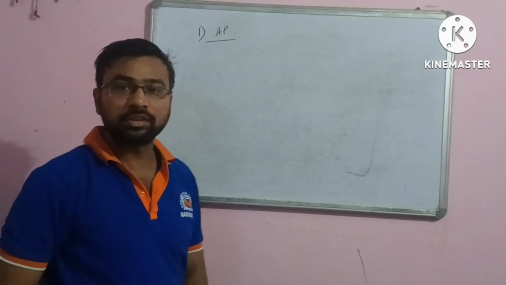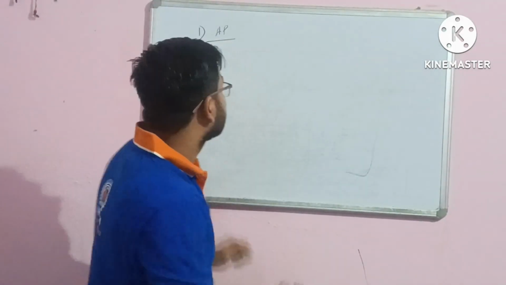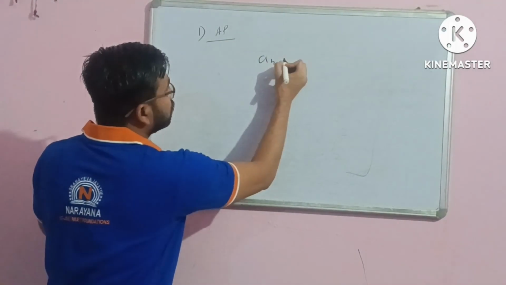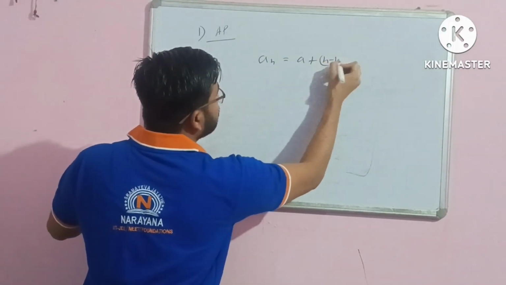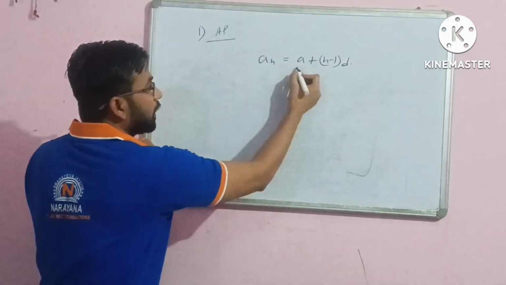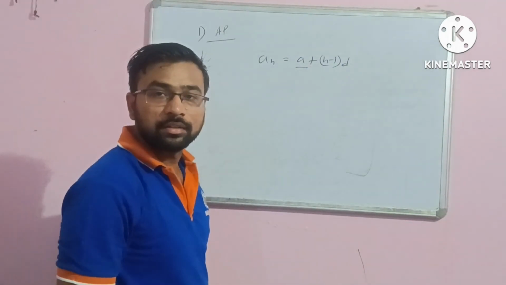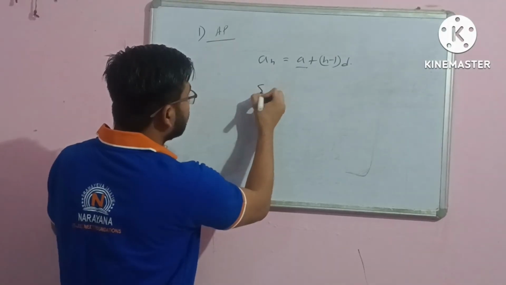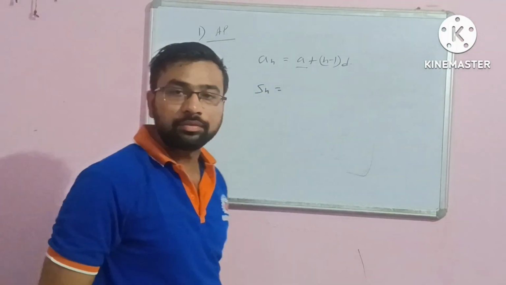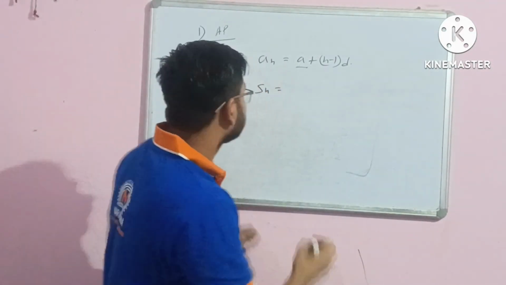So how do we calculate the nth term of an AP? This is the formula used to calculate it. Here A is the first term, N is the number of the term, and D is the common difference. And how do we calculate the sum of n terms of an AP?